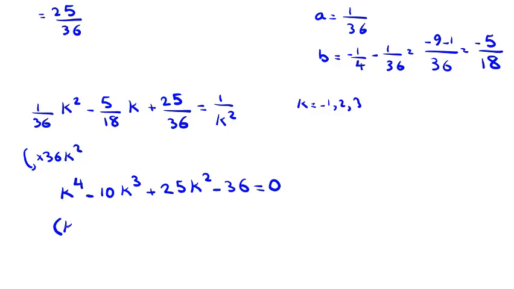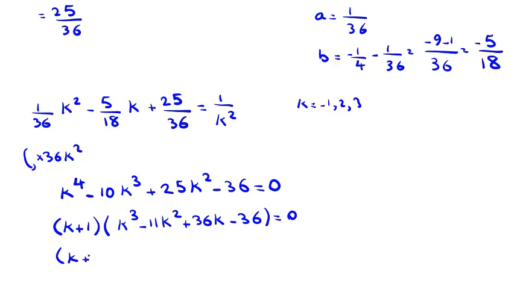Okay, so you factor out k plus 1, because when negative 1 is a root, k minus negative 1 is a factor. It is k cubed, then you have negative 11k squared, then plus 36k, then you cancel, and you write negative 36, equals 0.